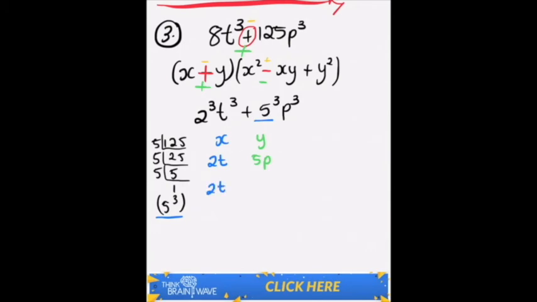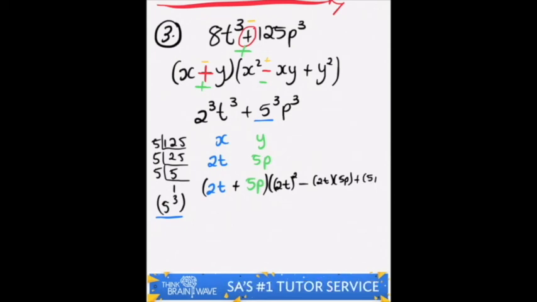We now say 2t plus 5p, close our brackets, open our new one. We say 2t in brackets squared. We then say minus, open our bracket for x, which would be 2t, close it, open a new one, 5p, plus 5p in brackets squared, close off the big brackets.